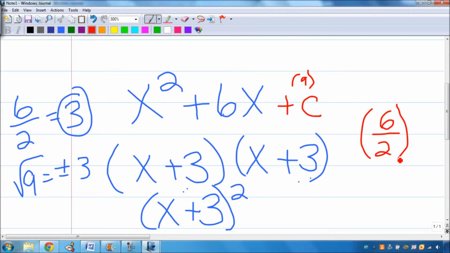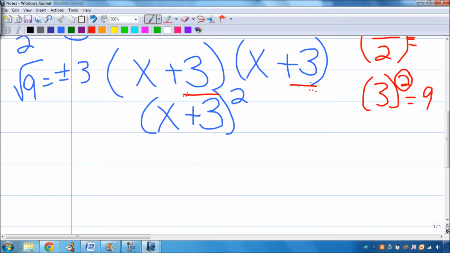And then in order to get the C value, you have to take this number and square it. So it would be 3 squared, right? And we get the 3 by doing 3 times 3 here because 3 plus 3 is 6. And then 3 times itself, squared, is 9. Okay, so this means that the C value would be 9 right here.